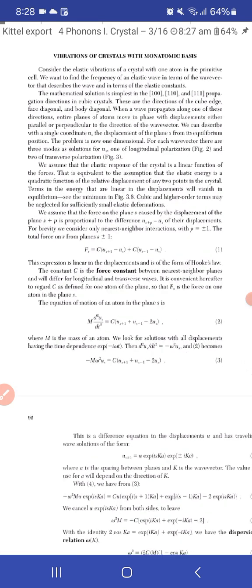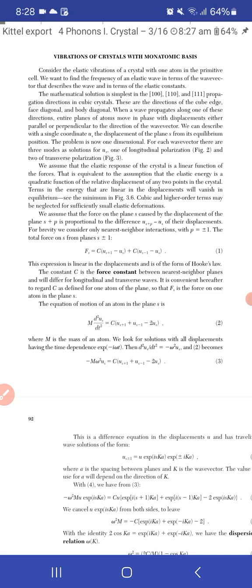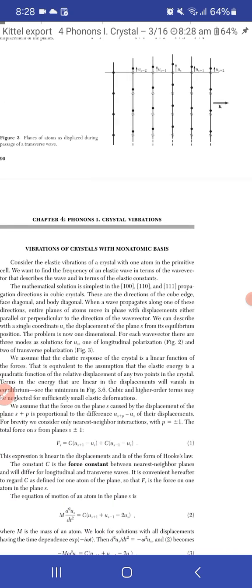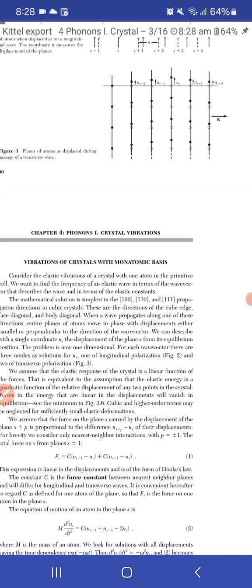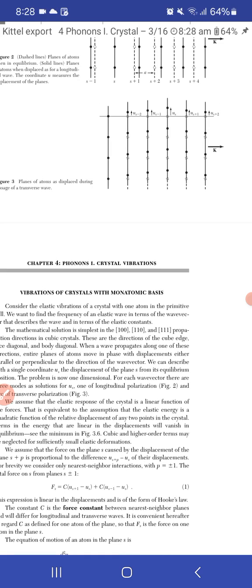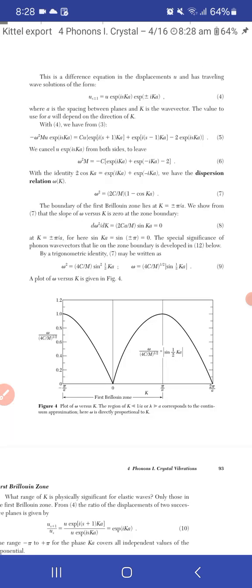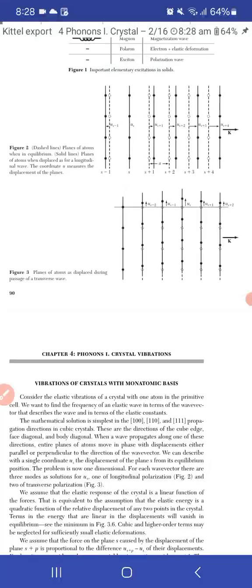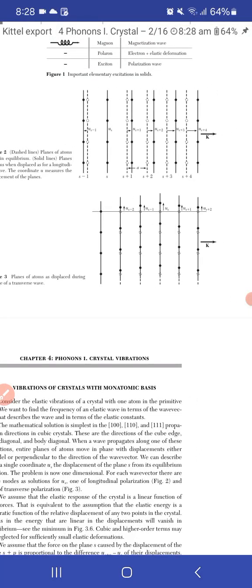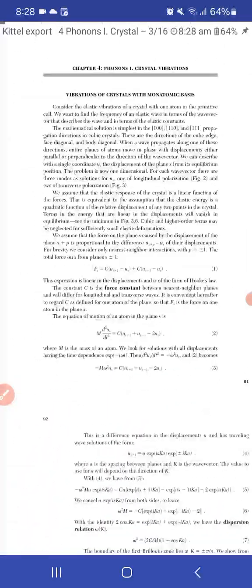Terms in energy that are linear in displacement vanish in equilibrium. It is 1, 2, 3, 4, 5, 6.